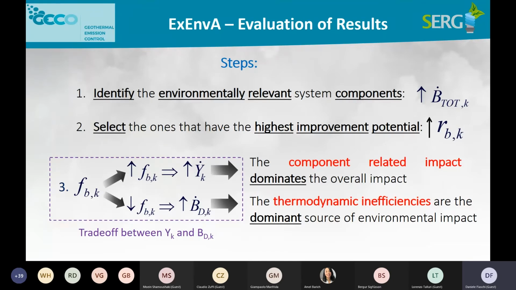Third, assessment of the trade-off between Y,k and B_D,k. In components with larger fB,k, component-related impact dominates the overall impact. In components with lower fB,k, thermodynamic inefficiencies are the dominant source of environmental impact.